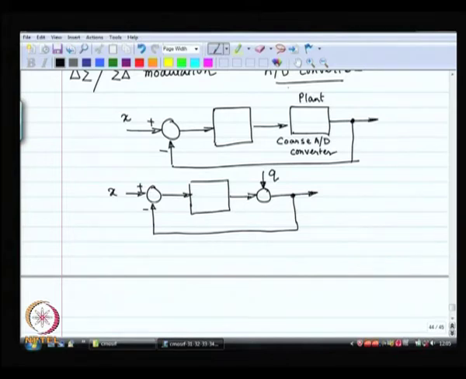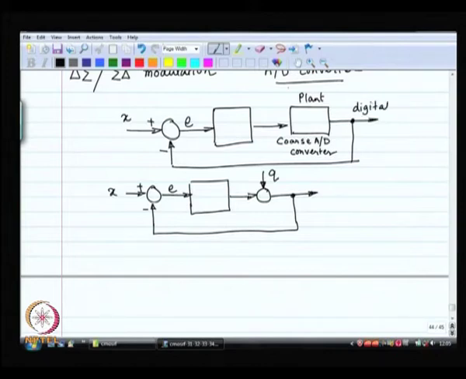The plant is something which introduces quantization noise. Now, you are going to come back to me and say that x is an analog signal, this error is an analog signal. This is the controller or the loop filter, whatever you want to say, that is an analog signal. Output of the A to D converter is digital.